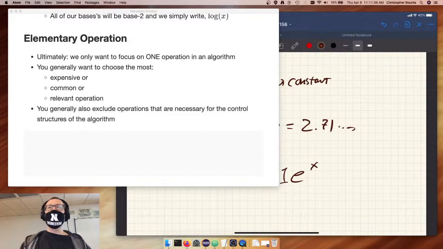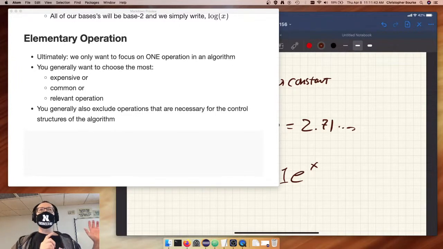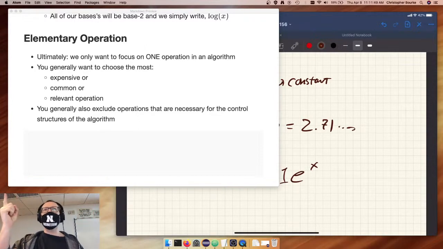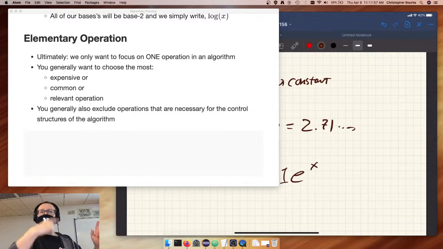Consider a typical for loop: for int i equals 0, i is less than n, i plus plus. That simple for loop has an initialization. That's some cost, right? It has an addition, i plus plus. It also has a comparison, while i is less than n, that's computed every single time in the for loop. Ignore all that stuff. That stuff is necessary to the control structure of the algorithm itself.